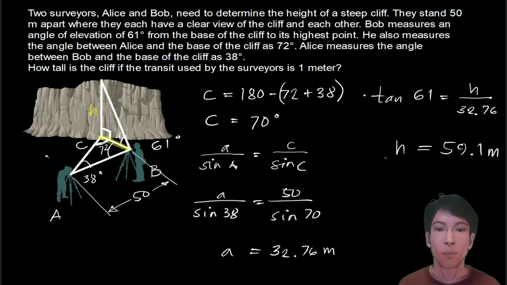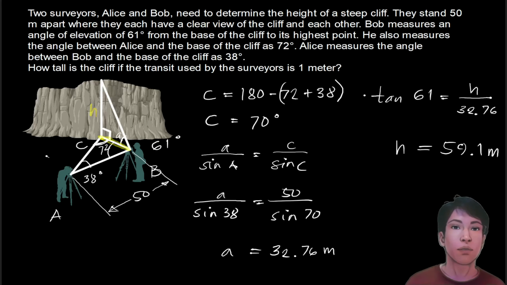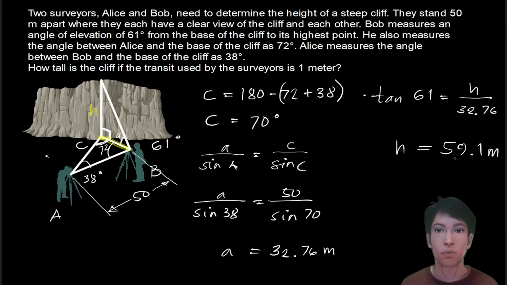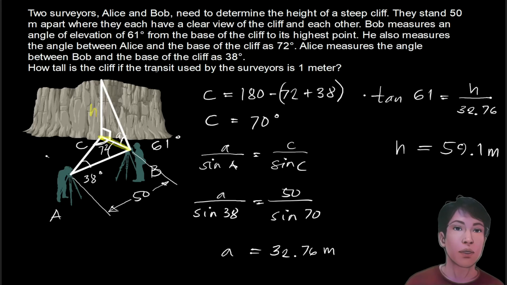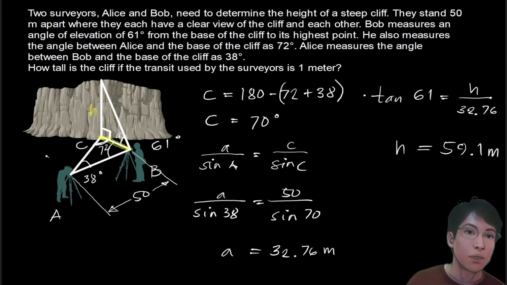Now, if we consider the height of the transit as 1 meter, then the final answer should be 60.1. Since we are considering the height of the transit, there is a 1 meter gap, because a transit makes a horizontal line, all the way up to the cliff.